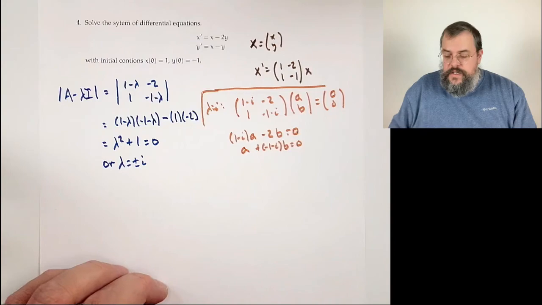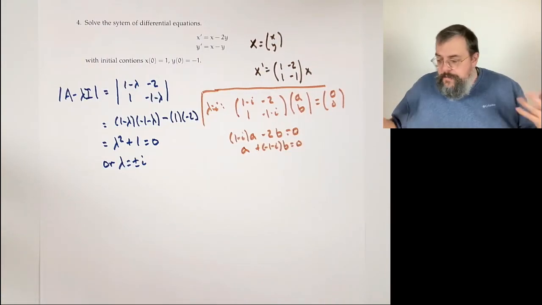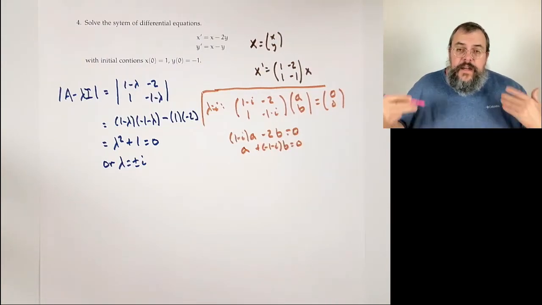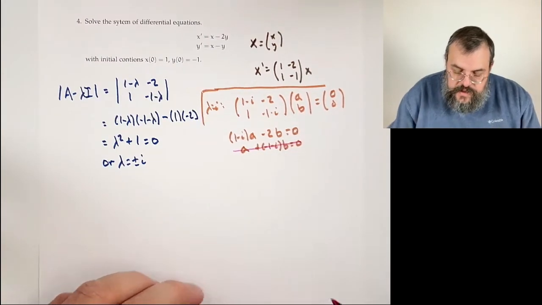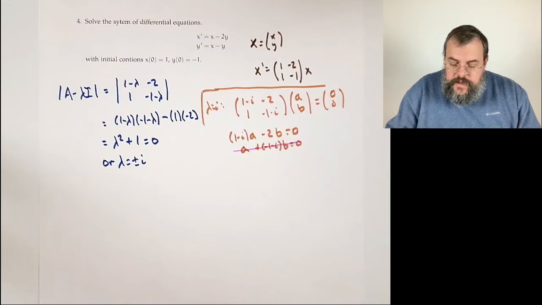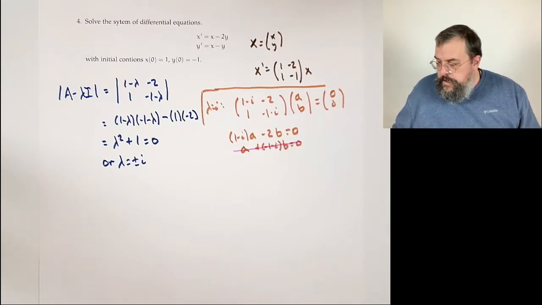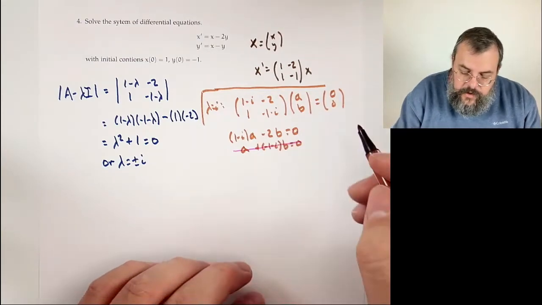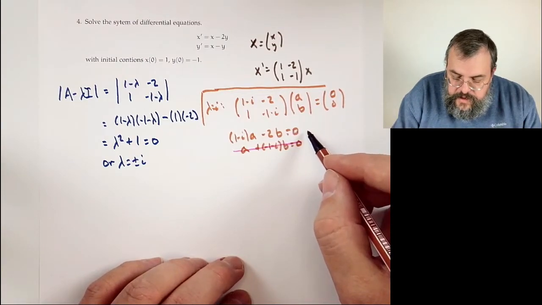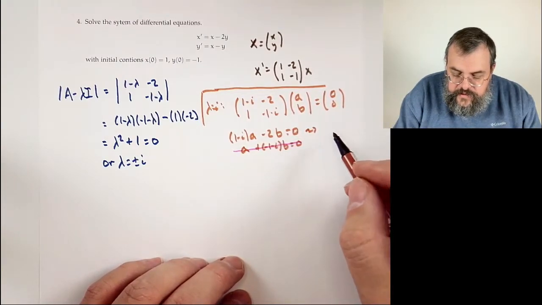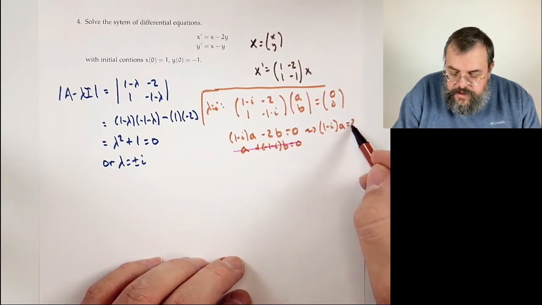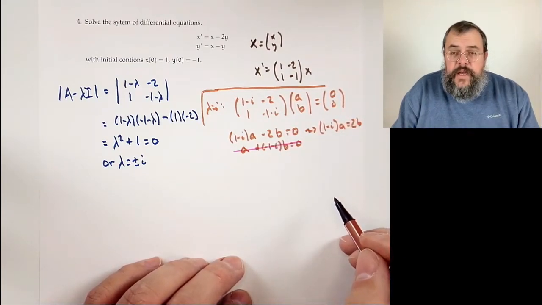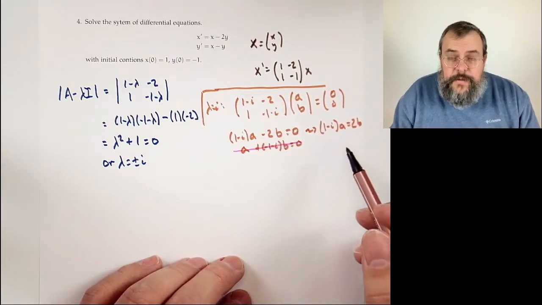Like I said, one of them is redundant, and we can just pick which one we want. Well, no reason not to pick the top. This would say 1 minus i times a would equal 2 times b. That's what we need, so we just need choices for a and b where this works.